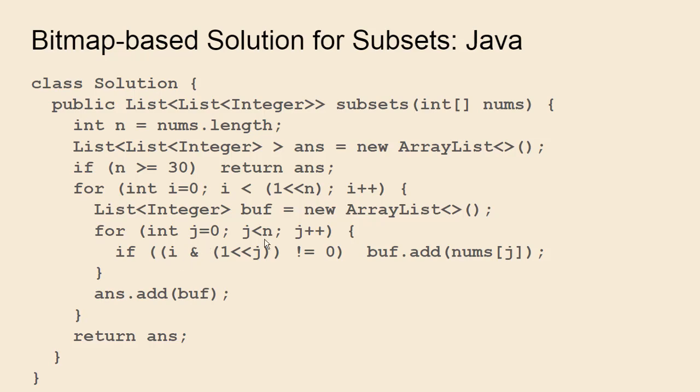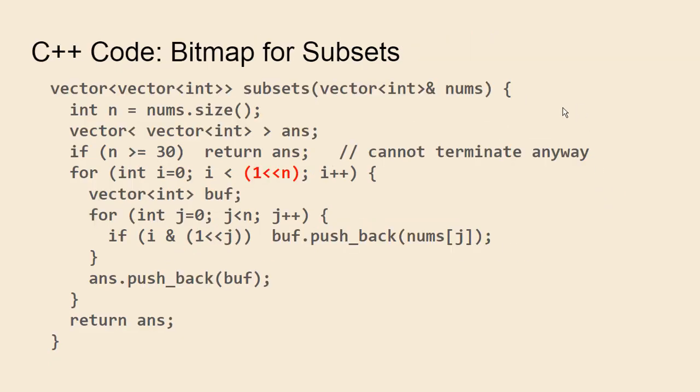So j goes through all n items, and if the corresponding bit in i is 1, then we add the j-th number. This constructs the subset using the bitmap. Here is essentially the same code in C++.